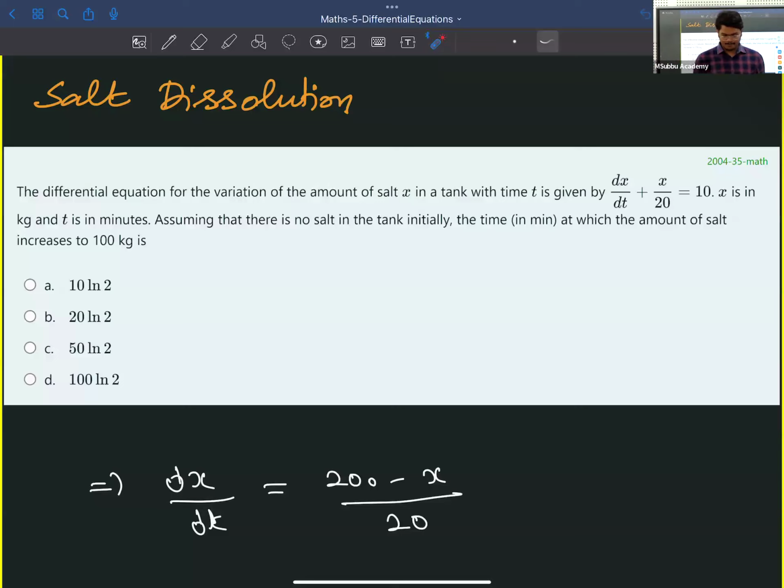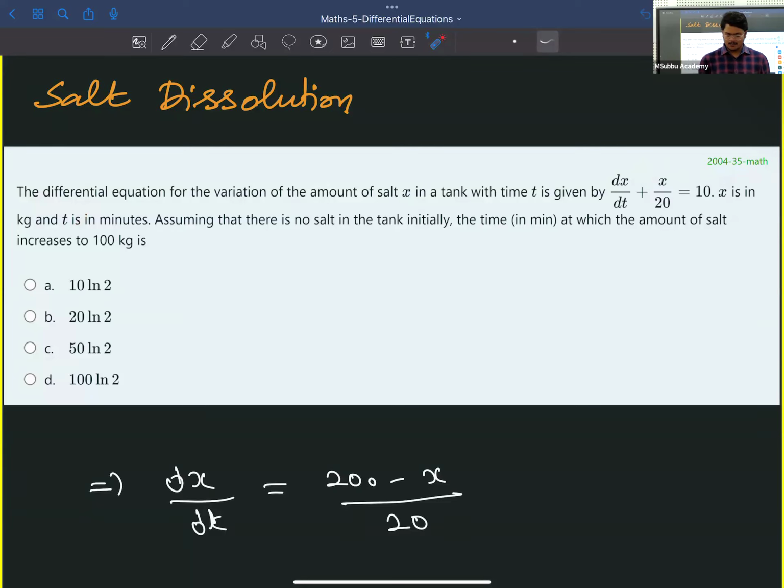So the first problem. What they have given here is the differential equation for the amount of salt x in a tank. In a tank there is a salt amount of x, and with time t it's filling. The equation is dx by dt plus x by 20 is equal to 10, where x is in kg and t is in minutes.